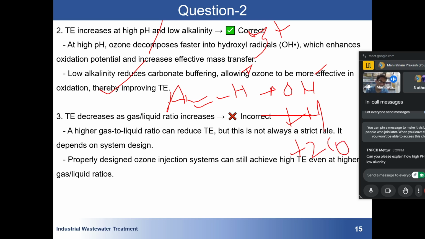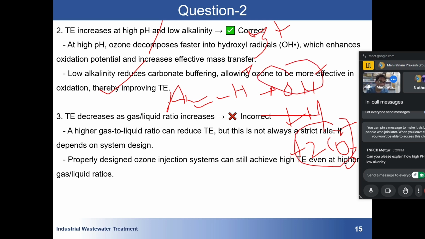So here you can see the alkalinity formula. There is an experimental way to find alkalinity, but there is also a theoretical way: if you know the pH of the system and the carbonate concentration, you can use this formula: minus H plus concentration, plus OH minus concentration, plus bicarbonate concentration, plus twice the carbonate concentration. You can see that the effectiveness of carbonate is very high compared to bicarbonate.